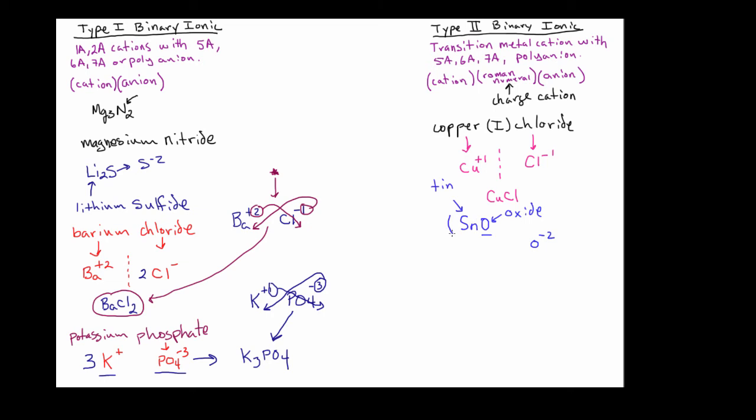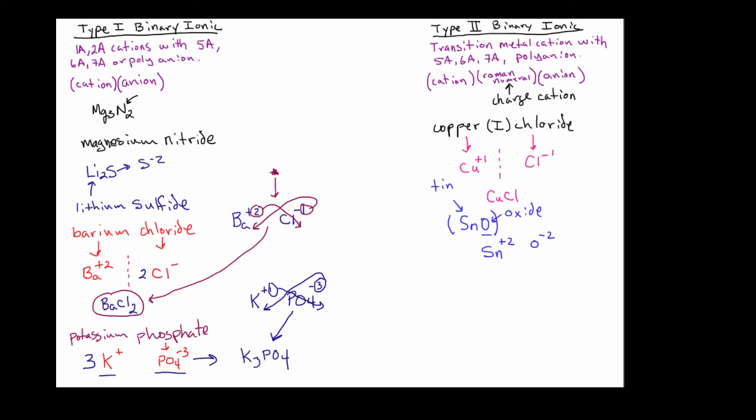Now we inspect the compound formula that it's in, and we see that the subscripts for both the tin and the oxygen are 1. This is SnO. So therefore the tin has to carry the same magnitude charge but opposite in sign. So the tin needs to be +2 in this case, since the tin and oxygen were combined directly to equal the formula that has a net charge of 0 on it.